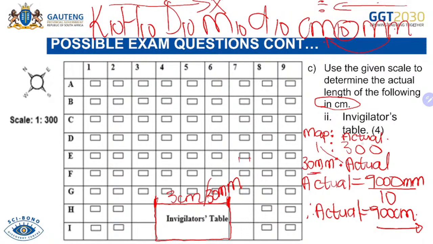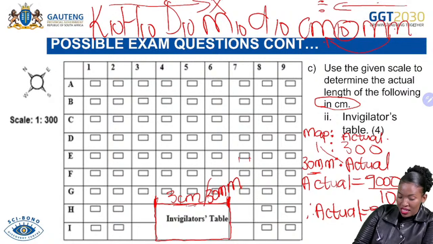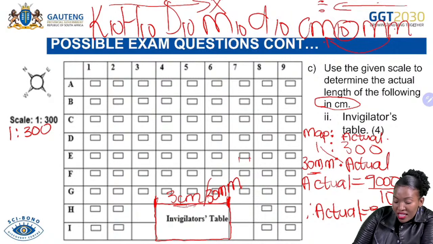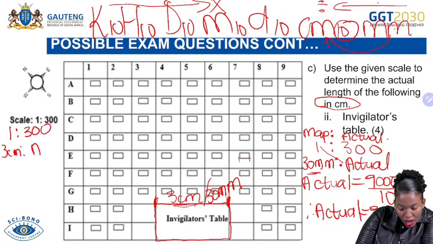So I want to do the same calculations, but this time not working with the millimeters, but rather working with the centimeters. So my scale is 1:300. And I said the measured distance now is what? It is 3 centimeters. So we've got 3 centimeters. I want the actual distance.